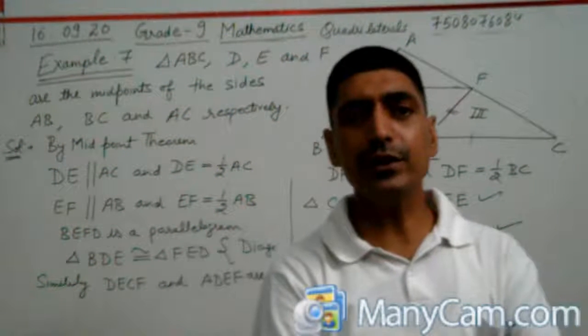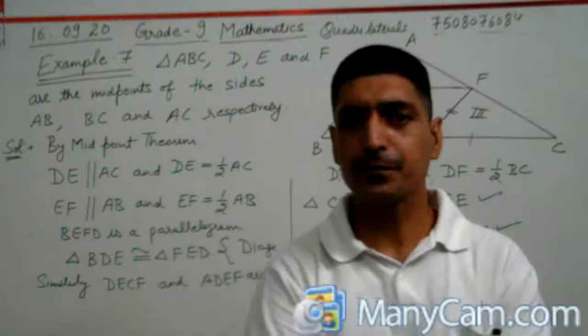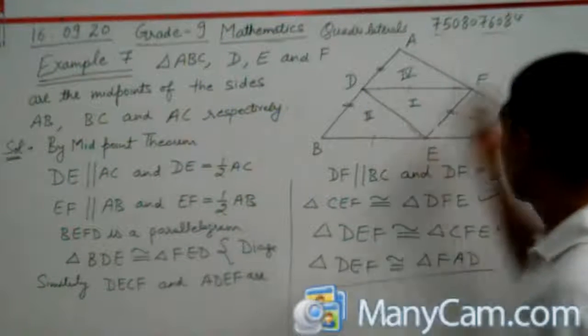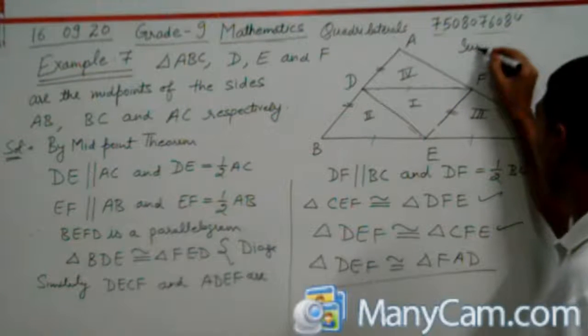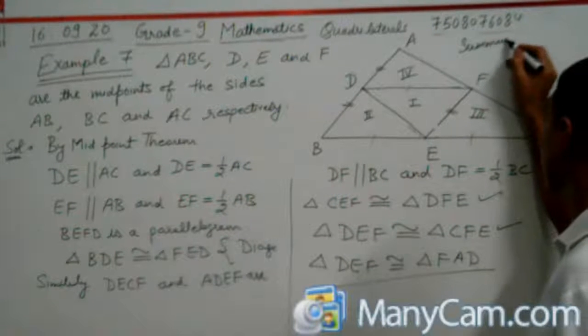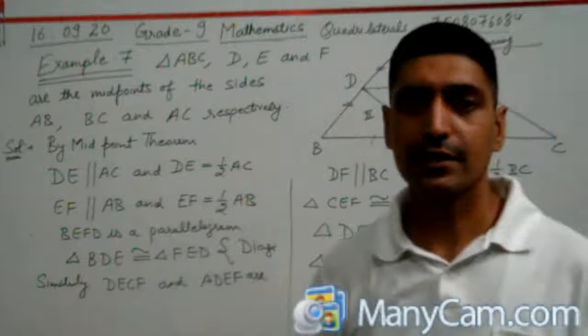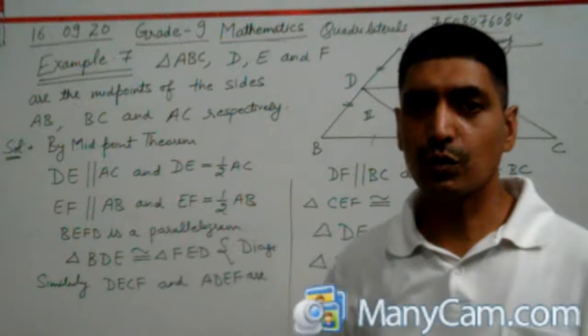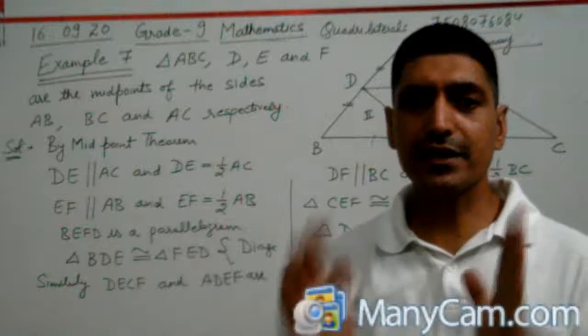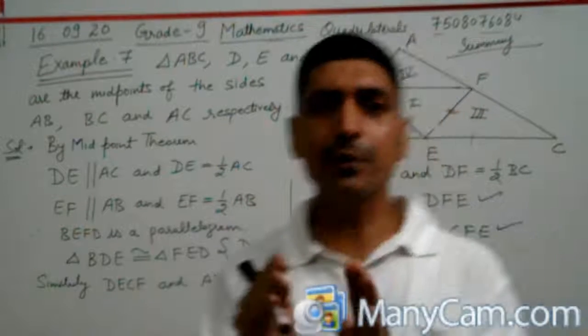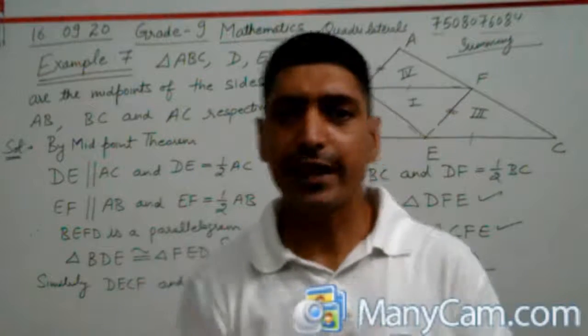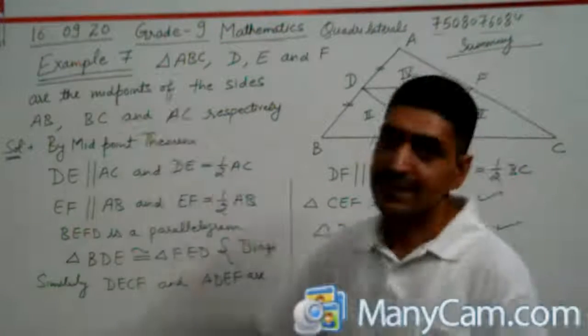Then you have the summary of this chapter, where all points are discussed. So go through these three things: the midpoint theorem, then the converse, and example number 7.